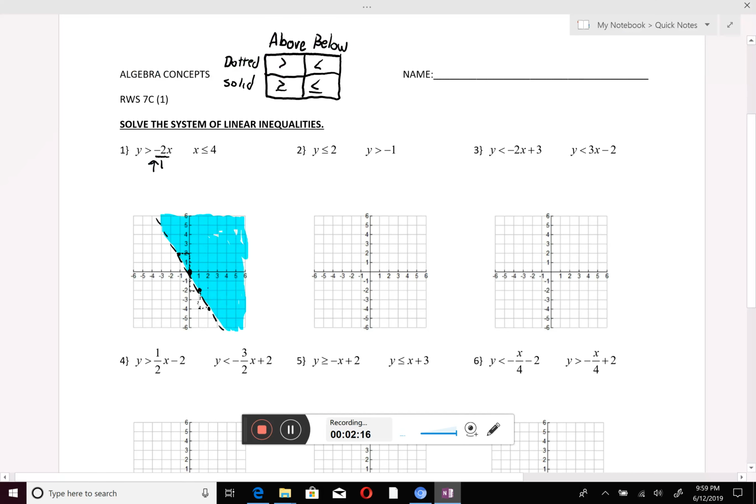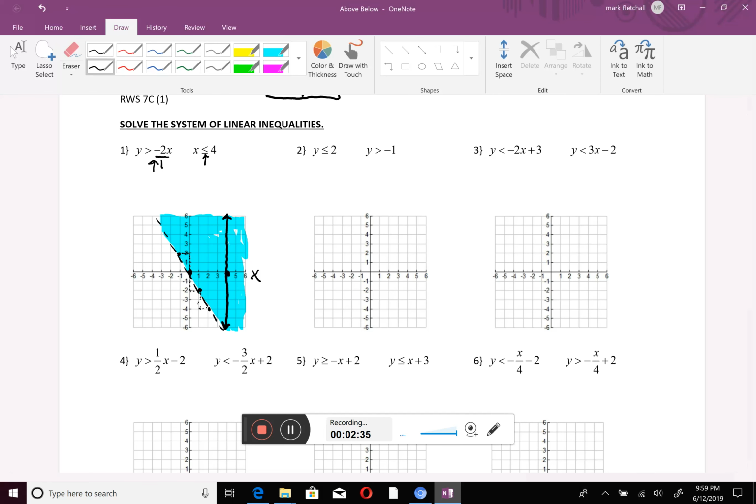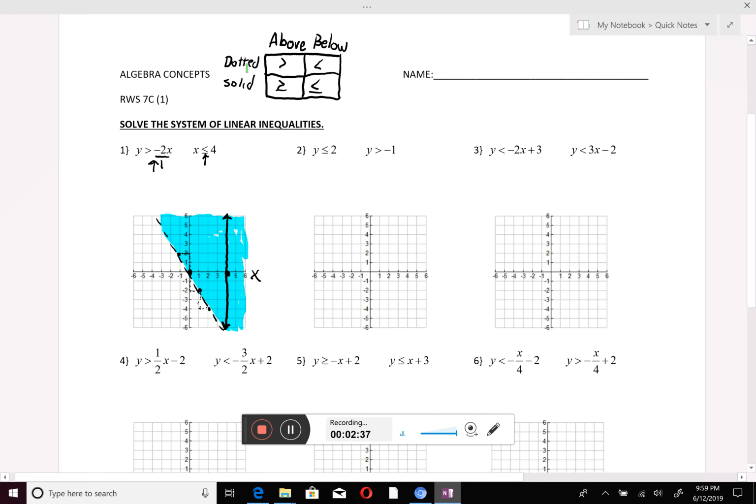And so now we can plot our x is less than or equal to 4. We'll go to the x-axis, which is here. And since it has this line here, it'll be a solid line this time. And since it's less than, we're going to do all values that are smaller than 4. So that would include everything this way.